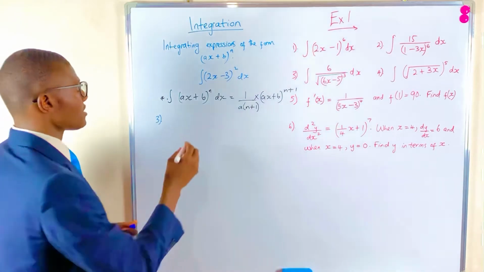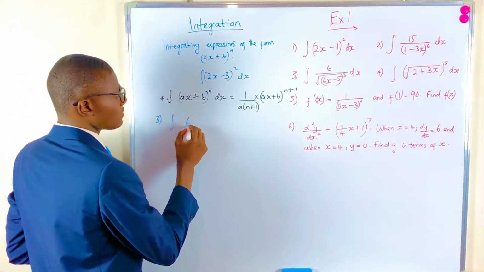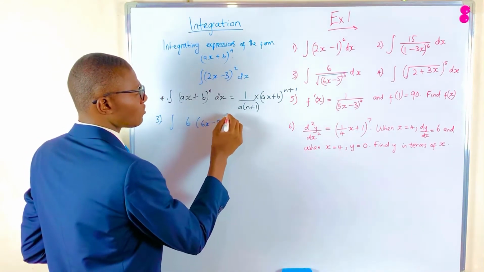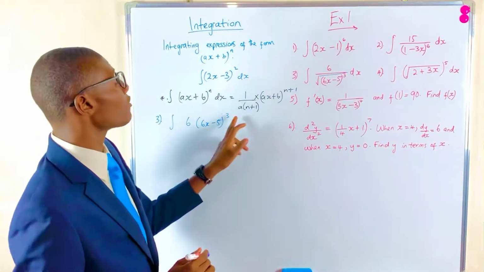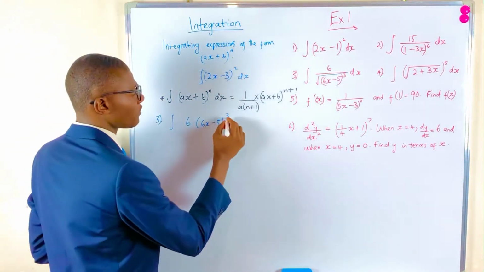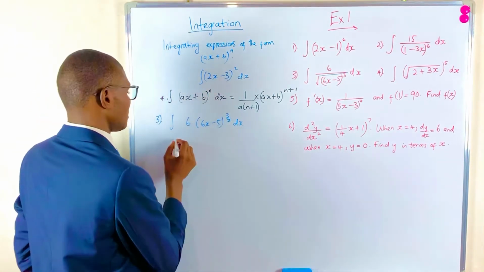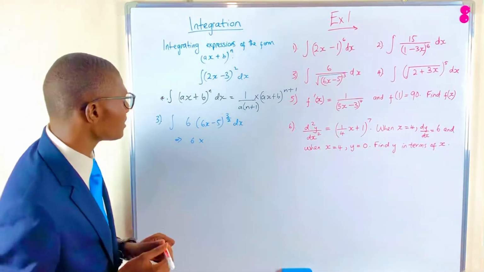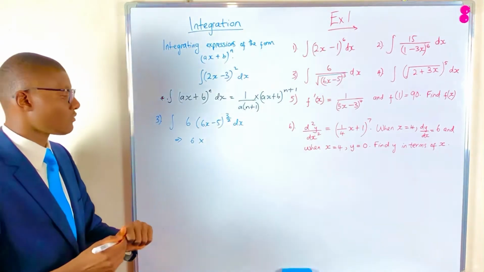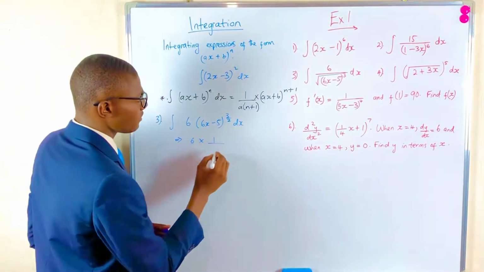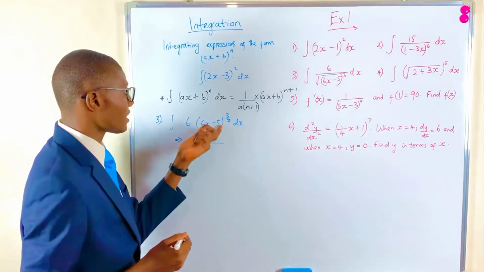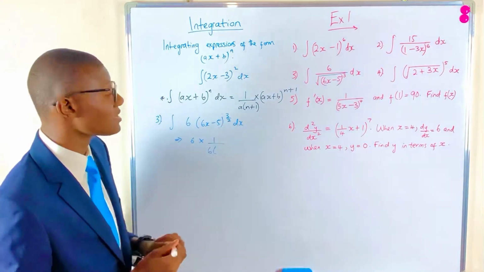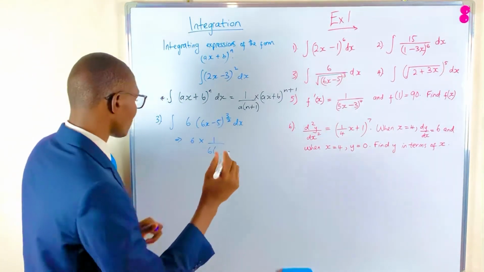So now this will be the same as the integral of 6 multiplied by (6x - 5) to the power of 3 times the power of half, that's the power of 3 over 2, with respect to x. We can take out the 6, that is a constant, then multiply by the integral of (6x - 5)^(3/2), which is 1 over the derivative of what's inside the brackets, that's a 6, multiplied by the power plus 1, 3 over 2 plus 1, that will give us 5 over 2.